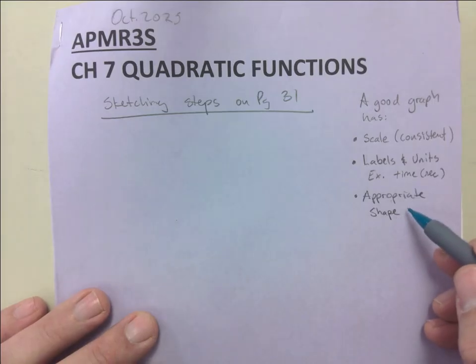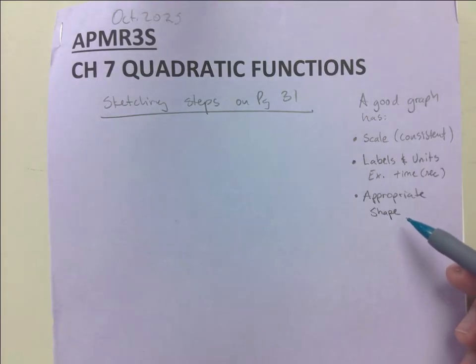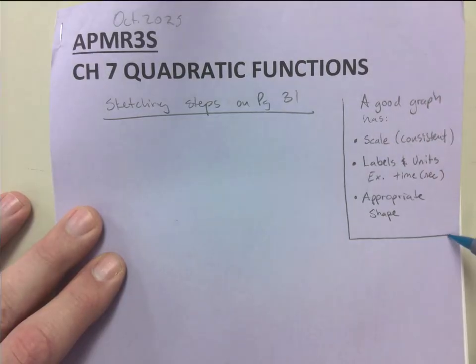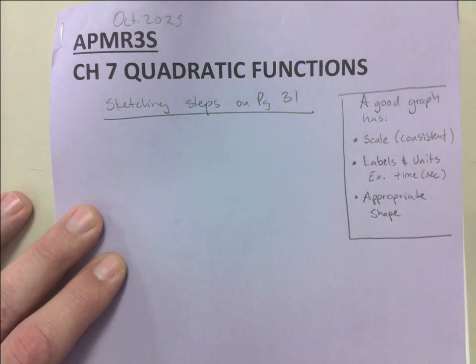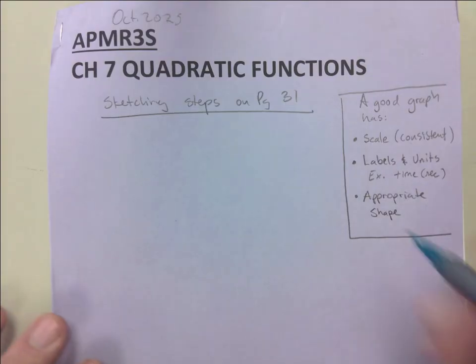By this, I mean the points need to be where they should be. Like if you make your graph and the points are way off, you lose marks for that. So these are the things that we're always looking for. And by labels, I also mean the equation, right?